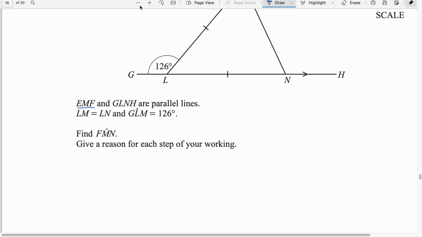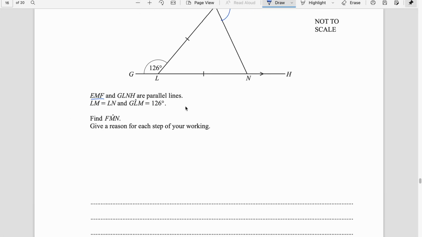Showing your working and giving reasons for each step. Now I know that this is a straight line, so 180 minus 126 is equals to 54, which is MLN. And the reason is straight line or adjacent angles on straight line.